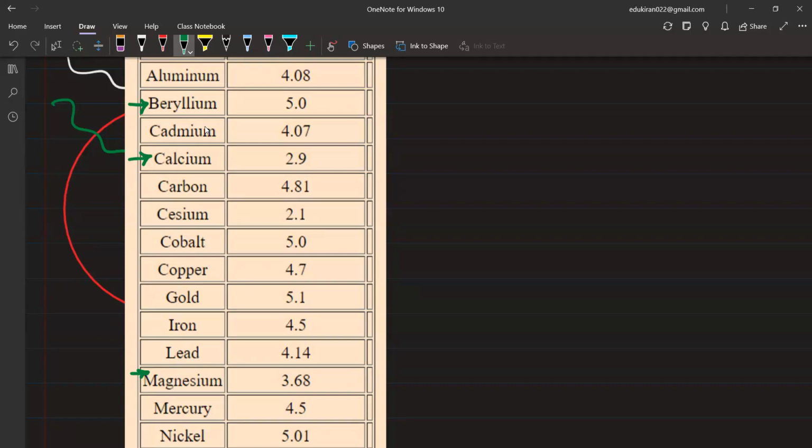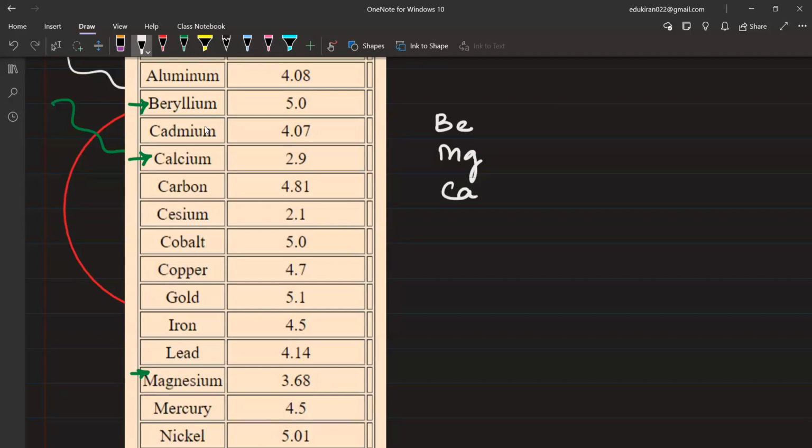Can I arrange them in order of which requires the most amount of energy to the least? Beryllium is requiring the most. After that, magnesium and then calcium. Correct.